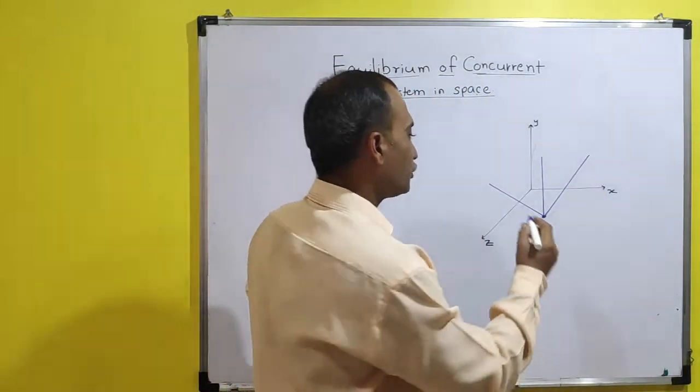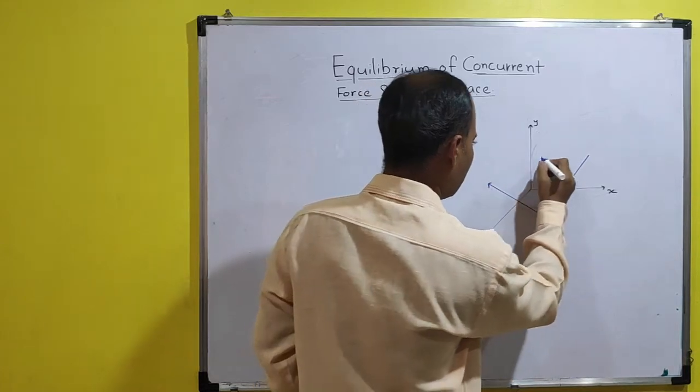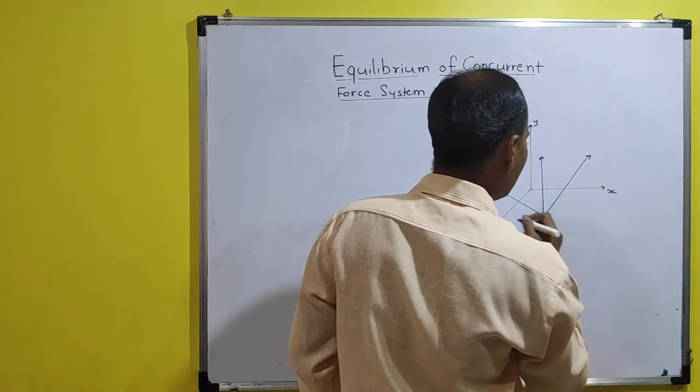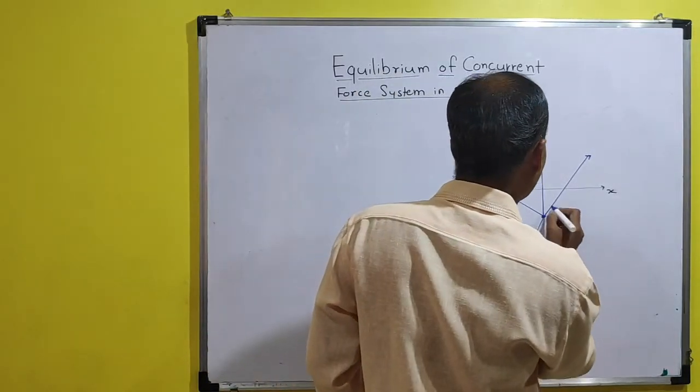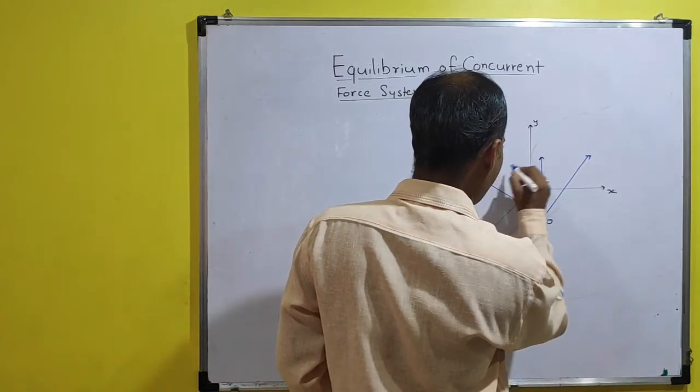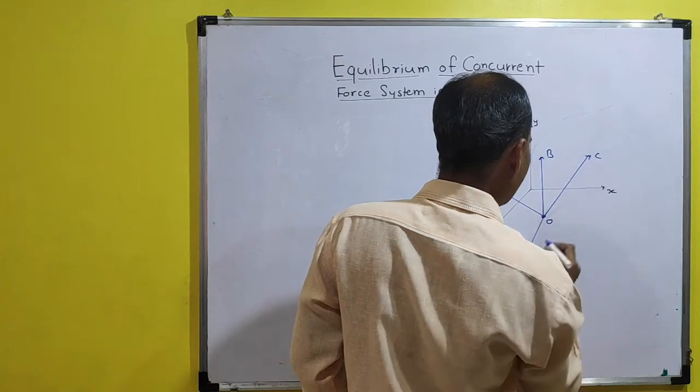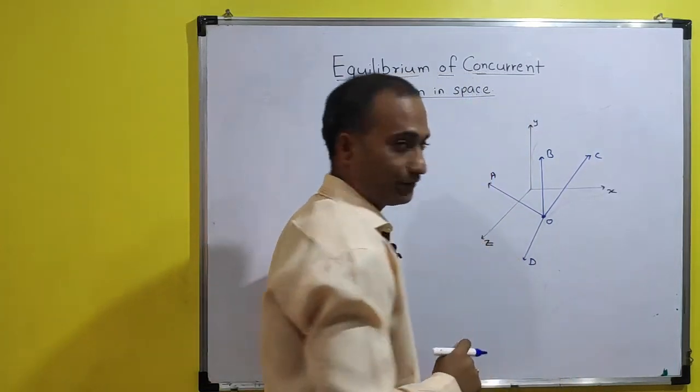So these are the three forces shown over here, and consider this point as O, then A, B, C and D.